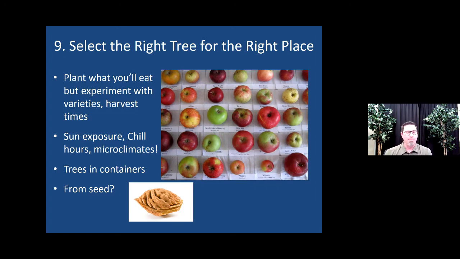However, you may get something awesome. So I don't necessarily discourage people from doing it, but I also want people to be very knowledgeable that you could get something that is inedible. Okay, so if you want to be sure what you're planting and what you're going to harvest, don't plant from seed. Okay, next.